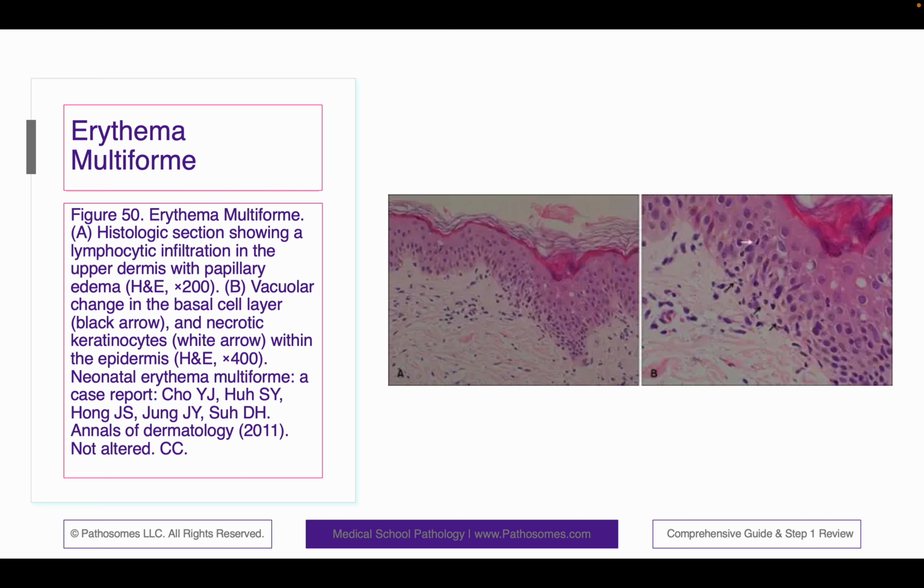And here we have a picture of the histology showcasing lymphocytic infiltration in the upper dermis with papillary edema and vacuolar change in the basal cell layer and necrotic keratinocytes within the epidermis in this patient with neonatal erythema multiforme.